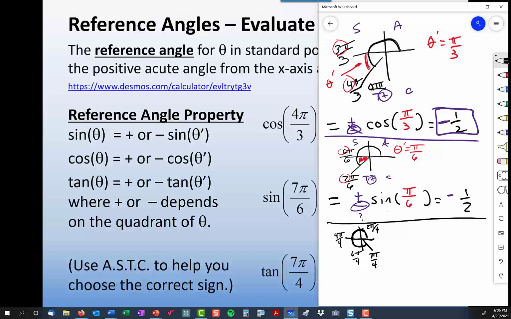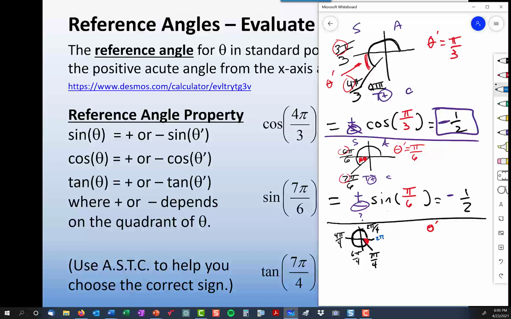Now, what's my reference angle? Well, remember, the reference angle is off of the x-axis. It's over here. There's the reference angle in red. And the reference angle, if you'll notice, completes the circle all the way to 2 pi. So if 2 pi is here, I've got to find the difference between 2 pi and 7 pi fourths.